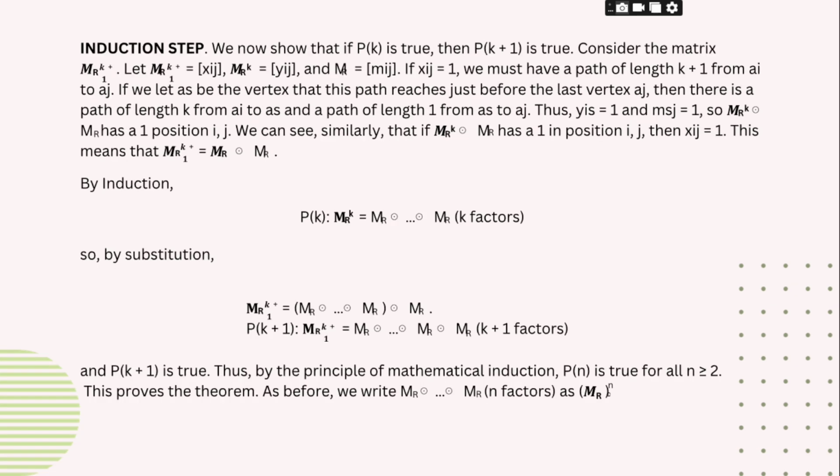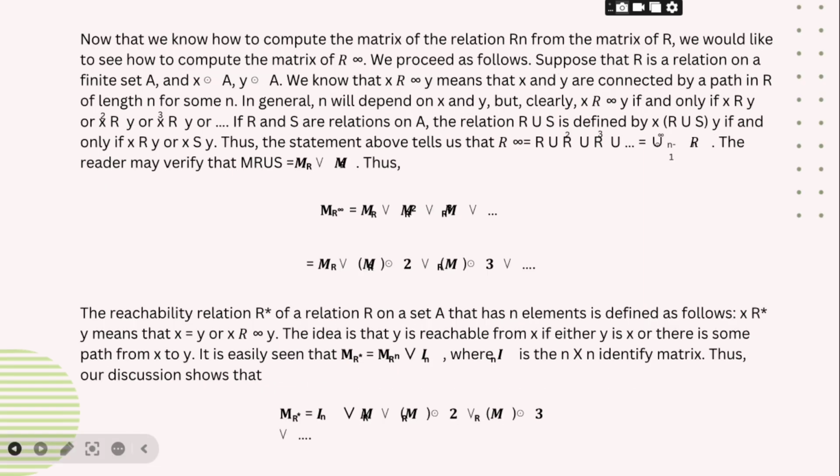The inductive step is: if Pk is true, meaning M^k equals M composed with M and so on, composed k factors, then we prove that P(k+1) is also true by showing that M^(k+1) equals M^k composed with M. Using this theorem, we can determine whether 2 elements are connected within n steps by computing M^n.